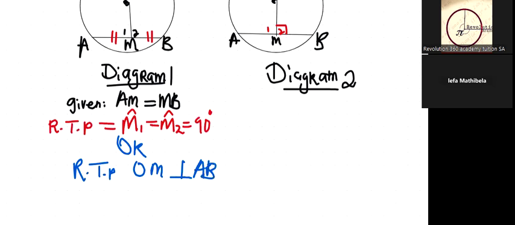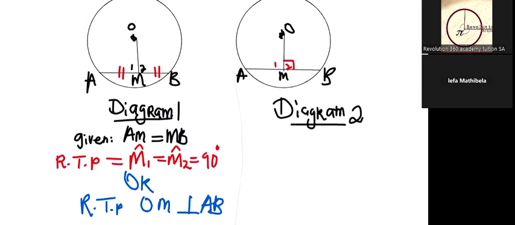And then with regards to the second diagram, here we get the theorem that says the line drawn from the center of the circle perpendicular to the chord bisects the chord.